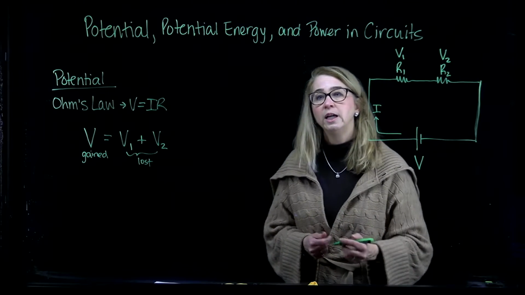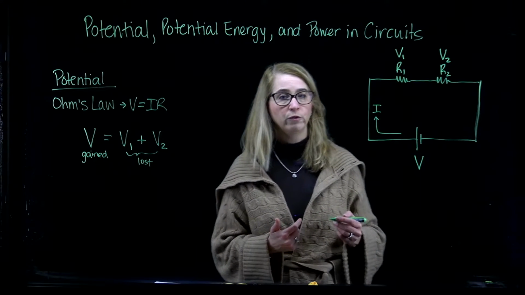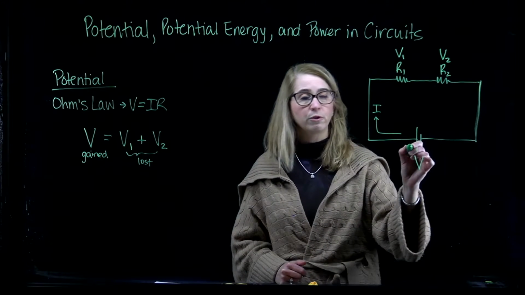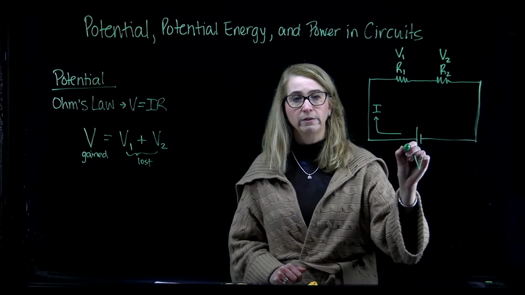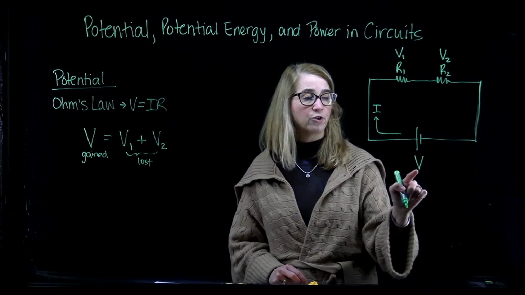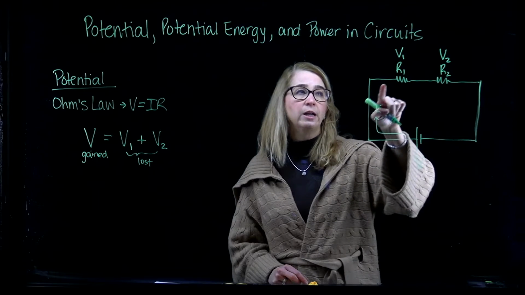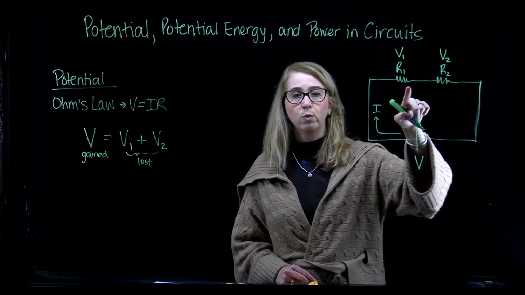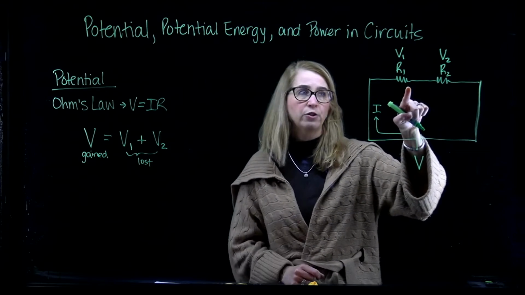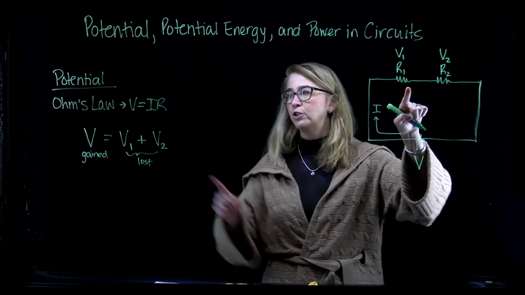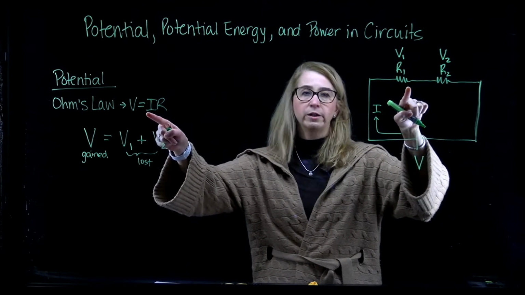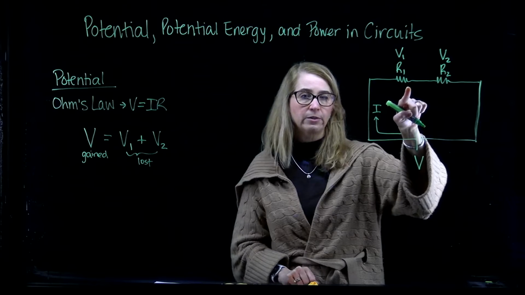So again, if I think about this from the point of view of potential differences, as I go through the battery from the negative to the positive terminal, I'll gain potential V equal to the potential difference of the battery. Then I will travel through resistor 1, where I will lose a potential equal to V1, which could be calculated as the product of the current times that resistance.